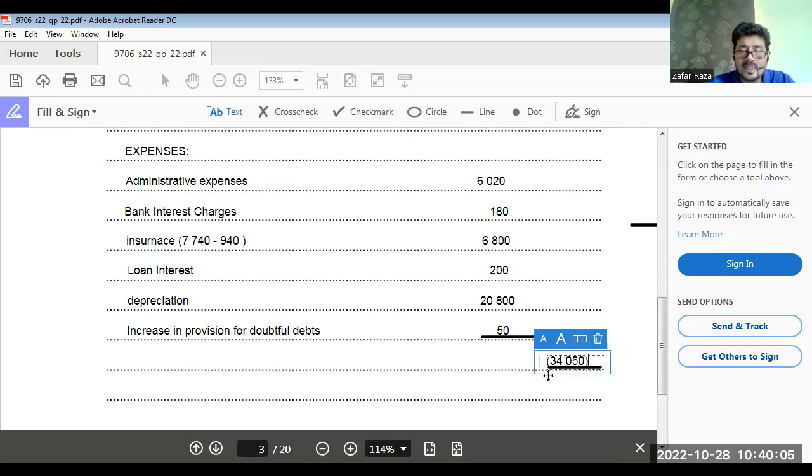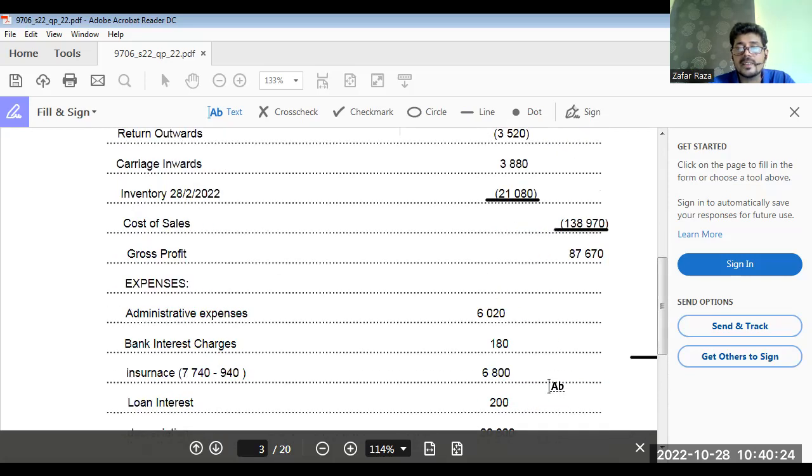This is total expenses, and we'll get a profit here. 87,670.